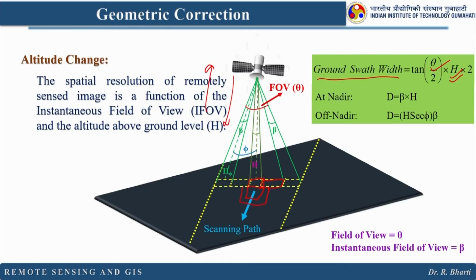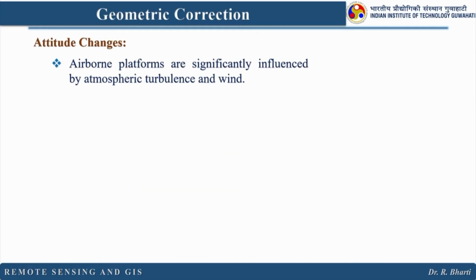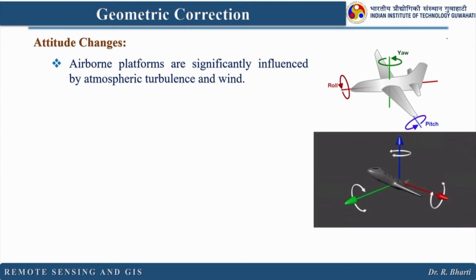the spatial resolution of a remotely sensed image is a function of IFOV and the altitude above ground level, that is capital H here. The airborne platforms are significantly influenced by atmospheric turbulence and wind. When there is a change in the wind direction or strength of the wind, this may change its attitude.